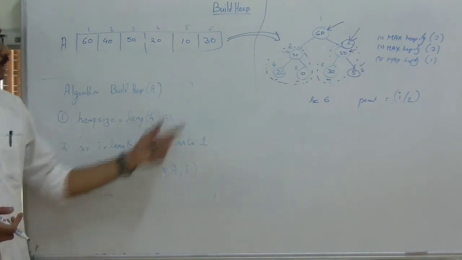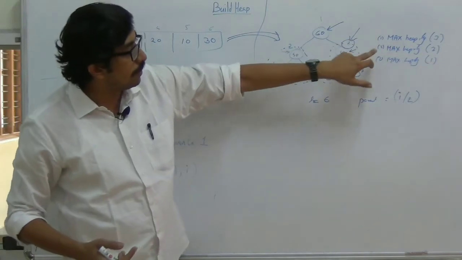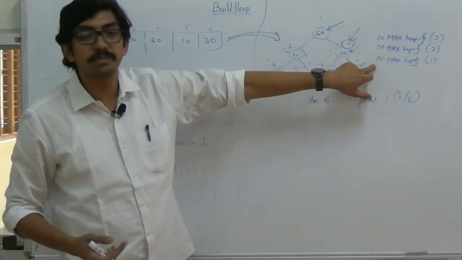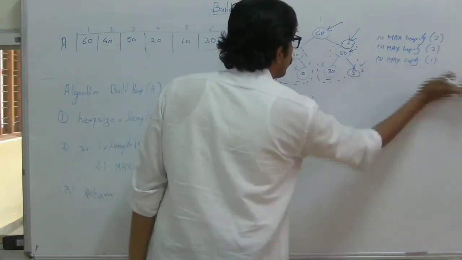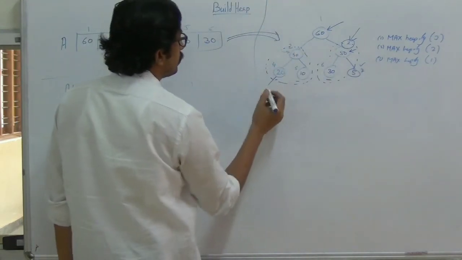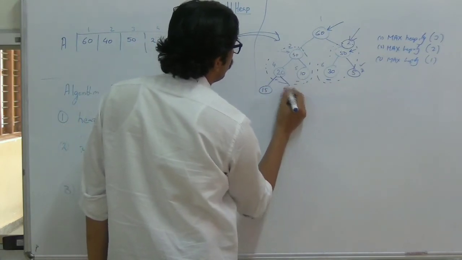So in this example, first it will be Max Heapify of 3, then Max Heapify of 2, then Max Heapify of 1. Suppose we have a larger tree, say I have 15, 30.